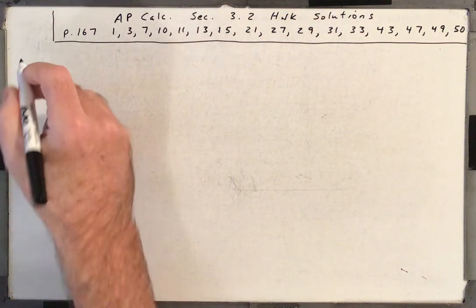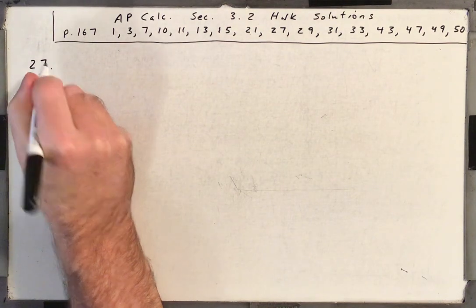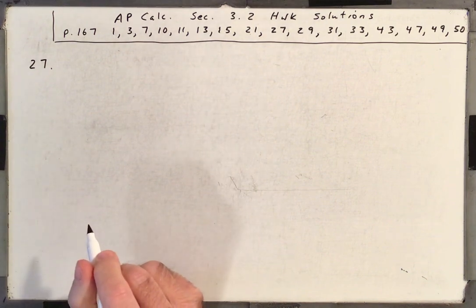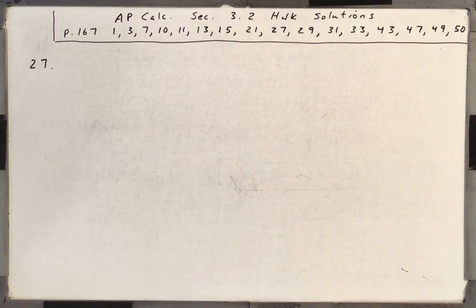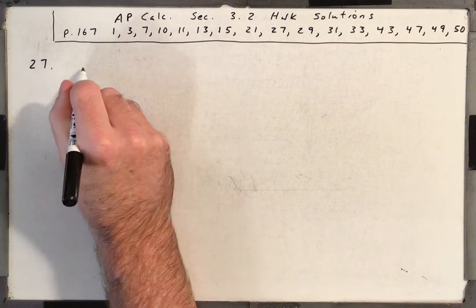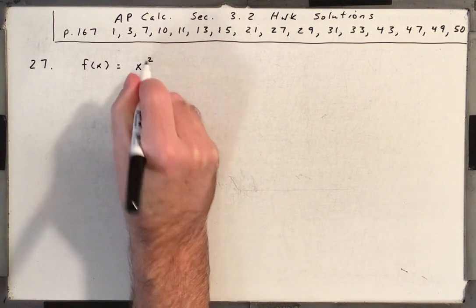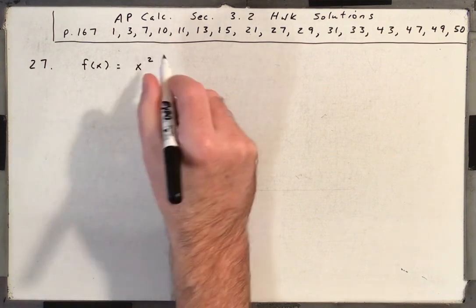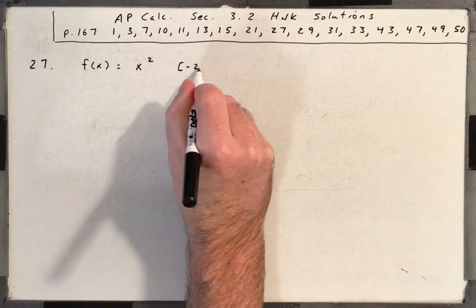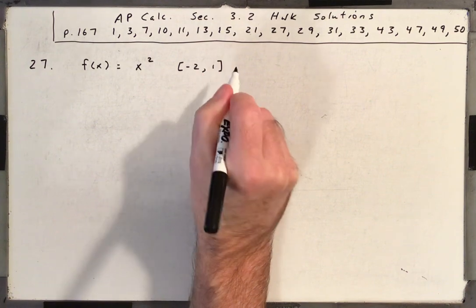With number 27. Okay, so the instructions are we want to apply the mean value theorem on the indicated interval. 27, we have f of x is equal to x squared, and we're between negative 2 and 1.